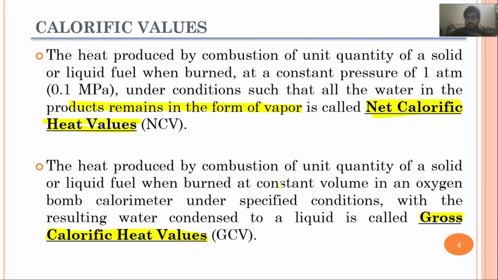So this is the main difference between net calorific value and gross calorific value. In the gross calorific value, we are utilizing the exhaust up to that point that the water vapors will start condensing.